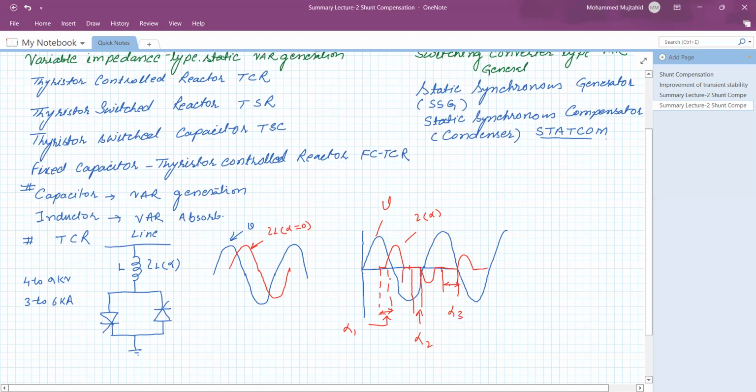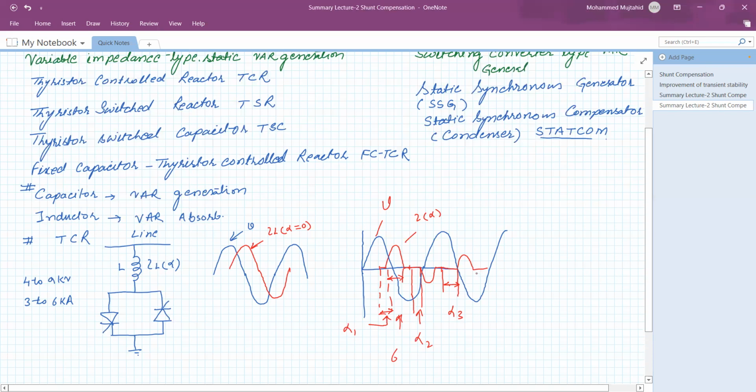Whereas this part is the conduction angle. So if the delay angle or firing angle is increased, the conduction angle becomes smaller, and the current in the inductor changes.